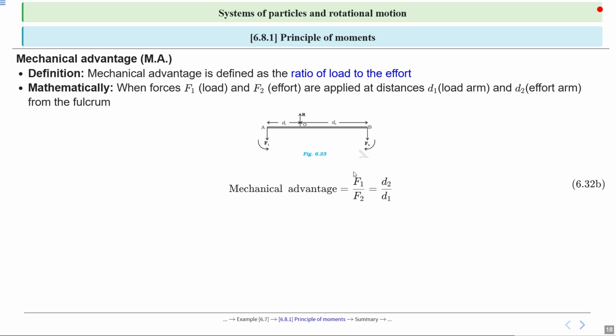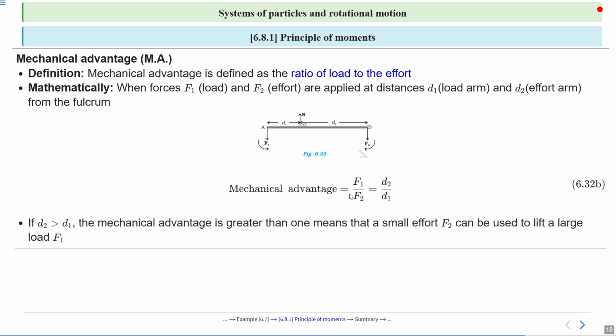So here if D2 is greater than D1, the mechanical advantage is greater than 1, which means that a smaller effort F2 can be used to lift a large load.